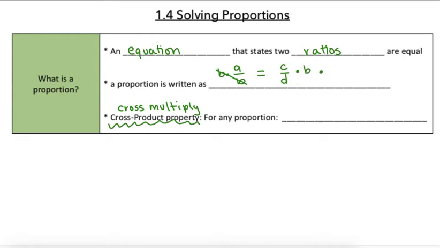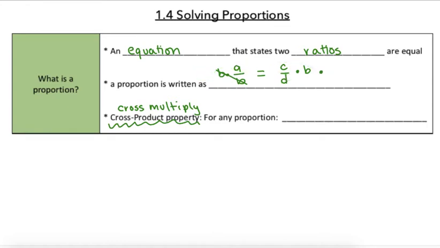If I multiply this times D, do you see those would cancel out? And I'm left with A times D on this side. So I've lost the denominators on both sides, which essentially has made this crossover. C times B is what I'm left with here, and A times D is what I'm left with here.